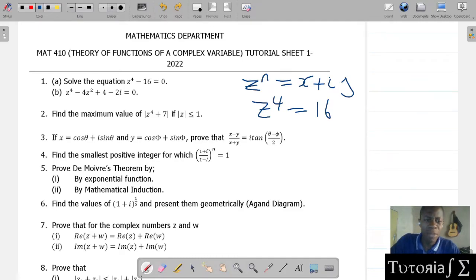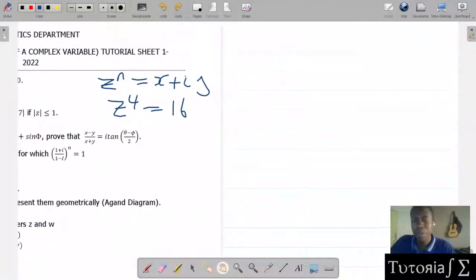If you have such an equation, we know the formula that we are supposed to use.